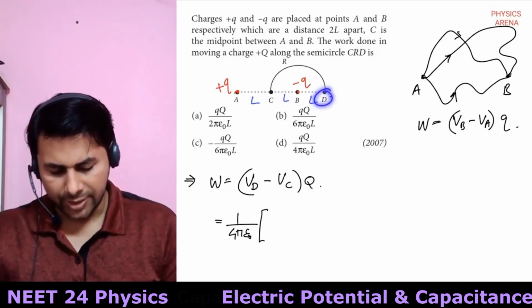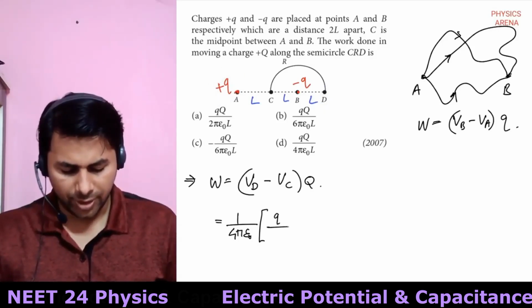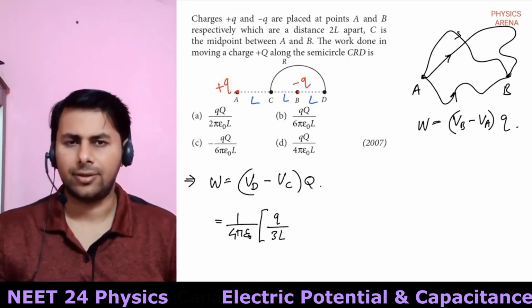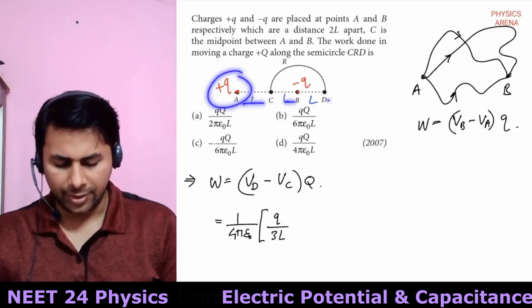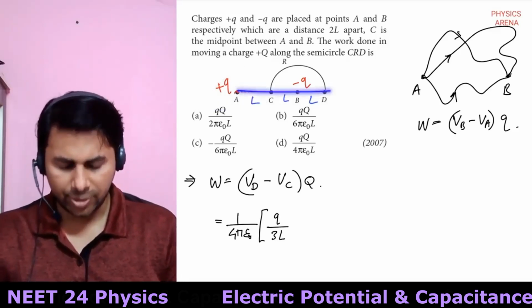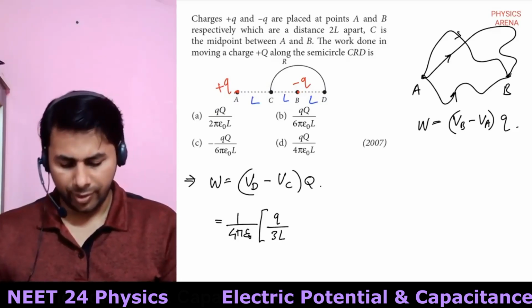Potential at D due to this one is Q upon 3L, since the distance of this point is 3L.